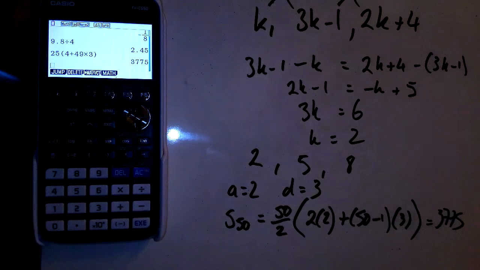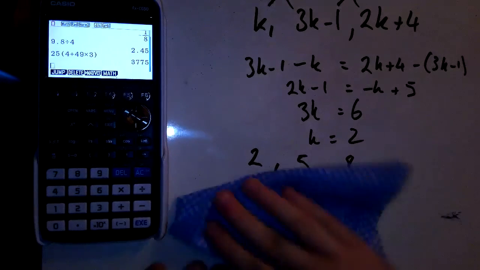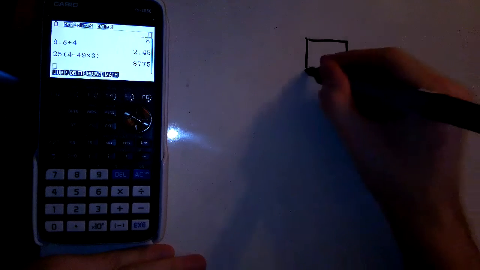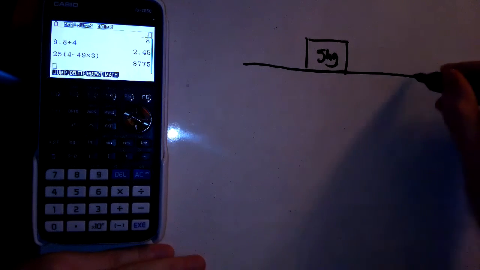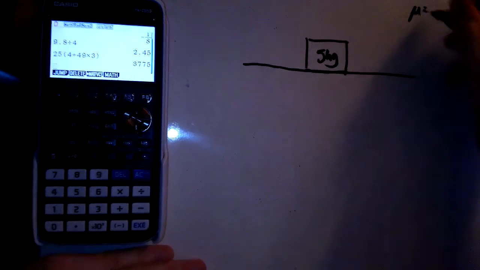Okay, and the last one is in mechanics, so hopefully you've drawn a picture. That's the best way of doing mechanics. We have a particle, mass 5 kilograms. It's on a rough plane, so that means there's friction, so it's going to be a mu.